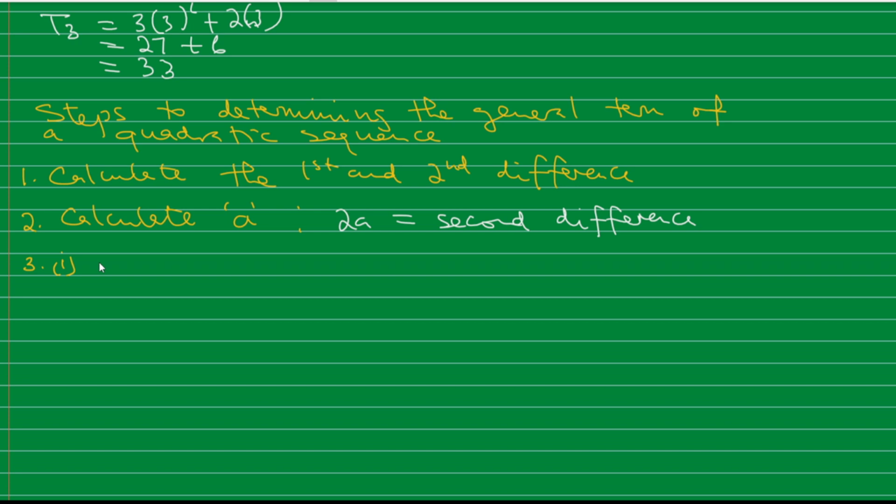Number 1, you can do that by substituting 2 terms into the general term, into the general equation. I haven't explained this one out. That's one way that you can do it.